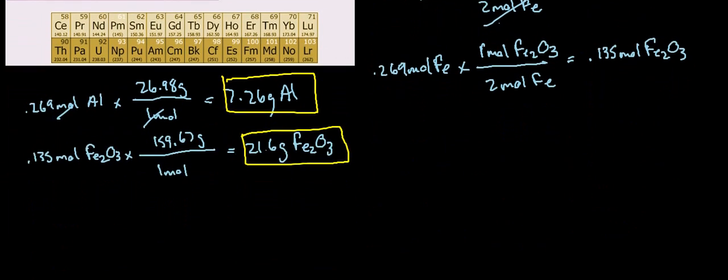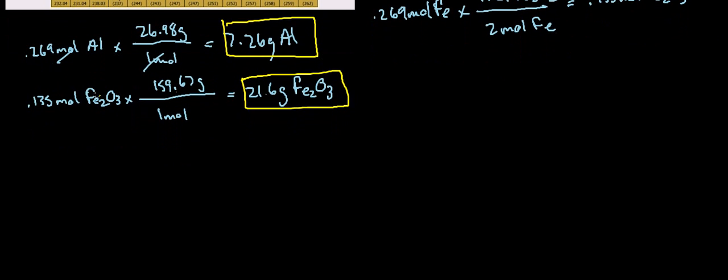So I go back, I had 0.135 moles of iron 3 oxide. And they reacted 1 to 1.